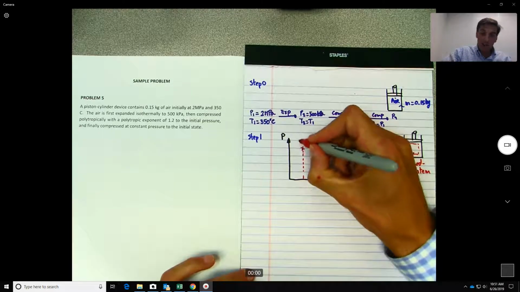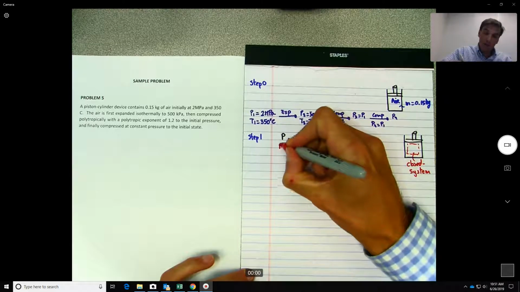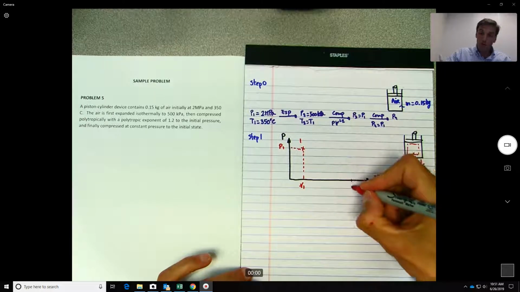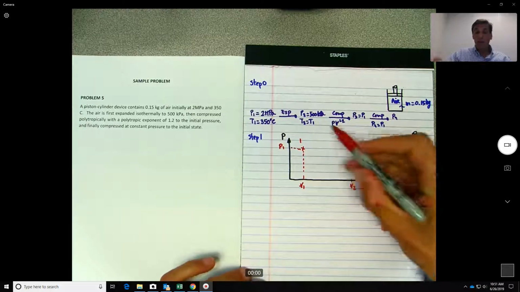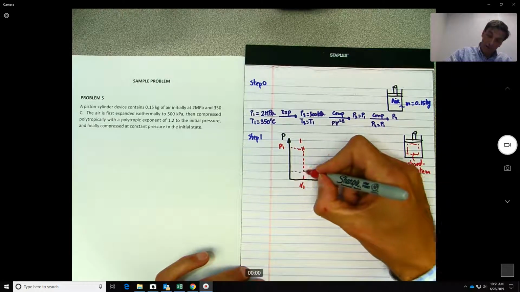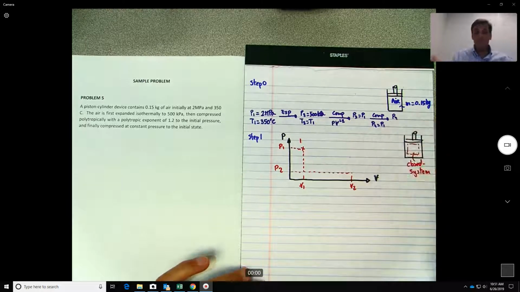Let's say initially we'll be here. This will be 1 and P1 is going to be expanded, so we know V2 will be higher than V1, and we go to a pressure P2 of 500.